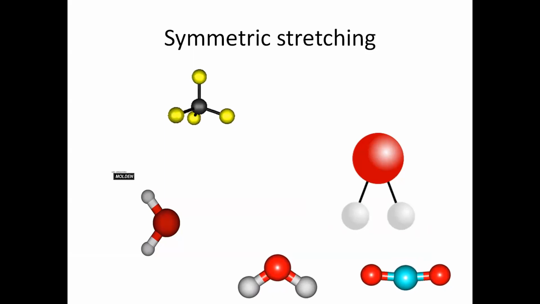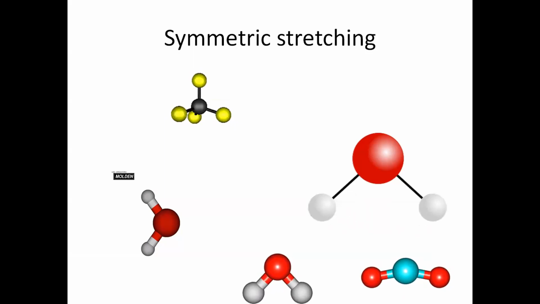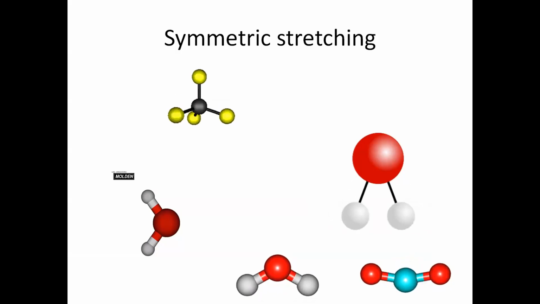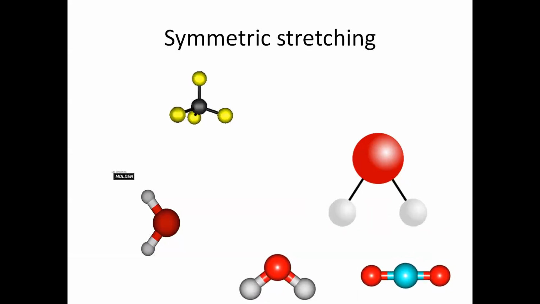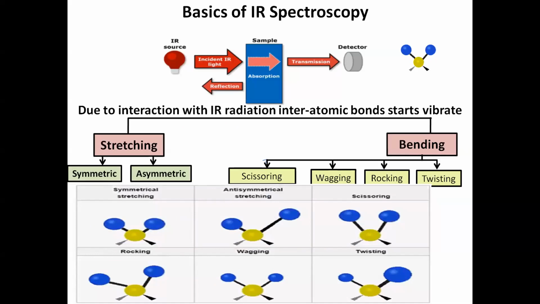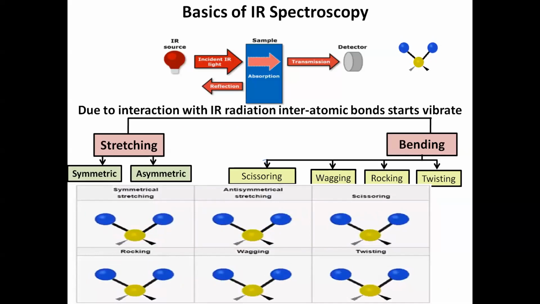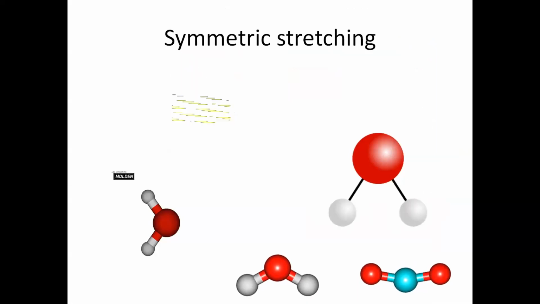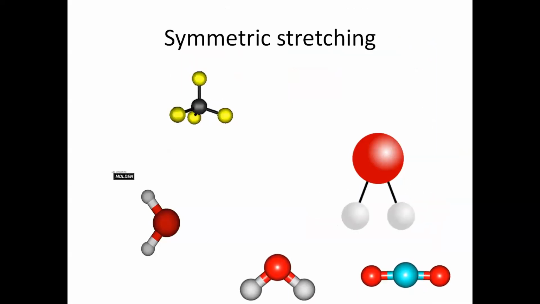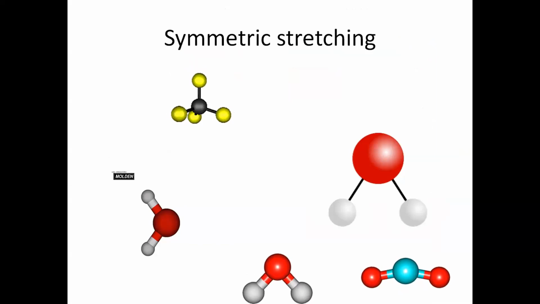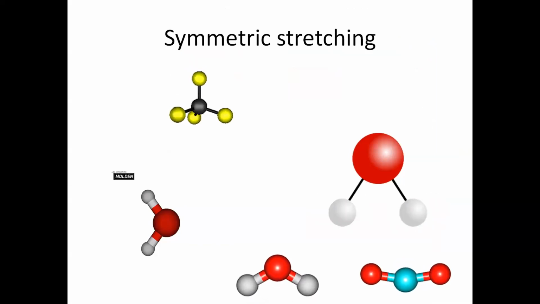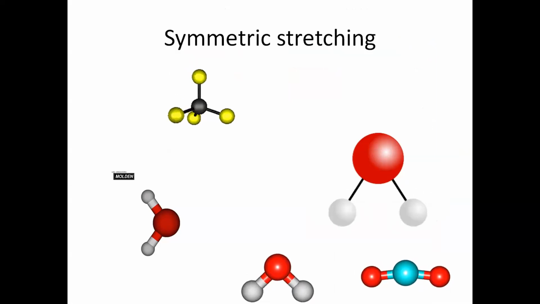Then at the bottom, this is not stretching because this is doing a different type of action. Which one is this? This is basically scissoring action, which you are seeing here also. In the third one, this is moving like that. This is a wagging action, or wagging bending.